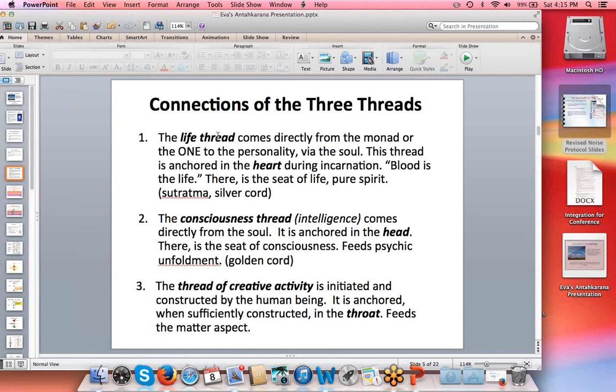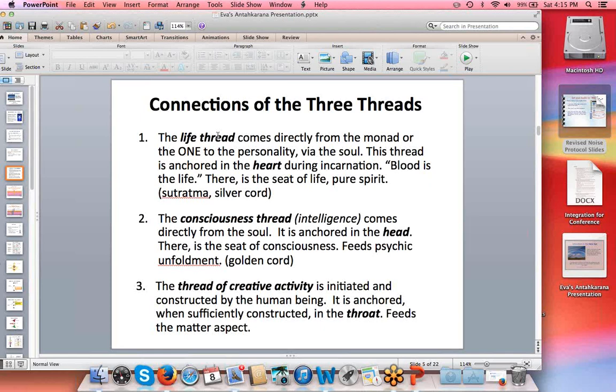And this is where you can be what they call brain dead. No consciousness any longer is anchored in the head. That consciousness thread has withdrawn or has gotten snapped. But you could still be alive because the life thread is still attached.